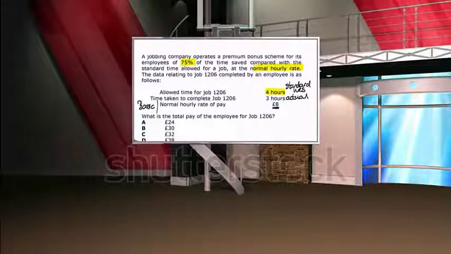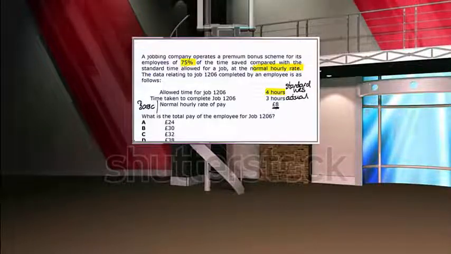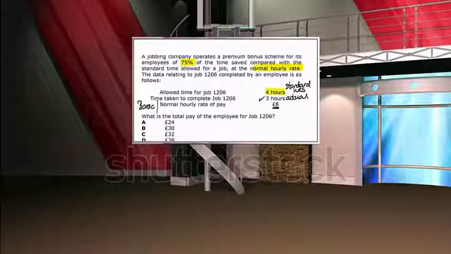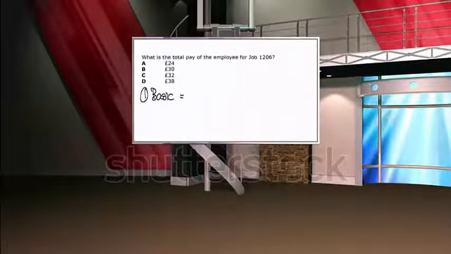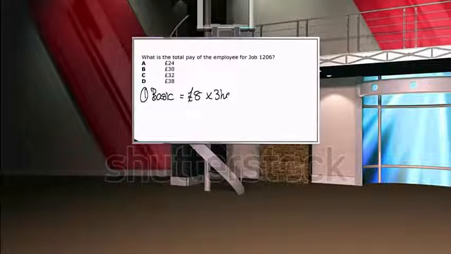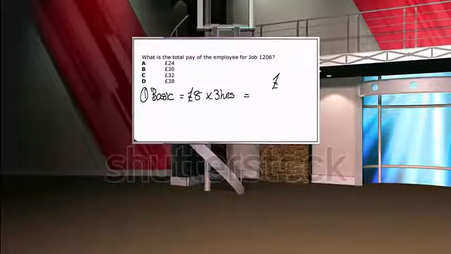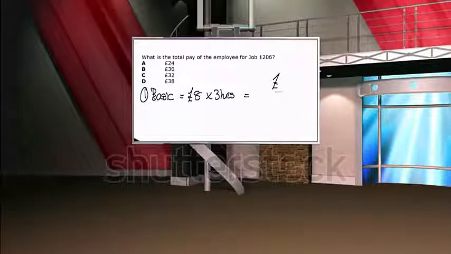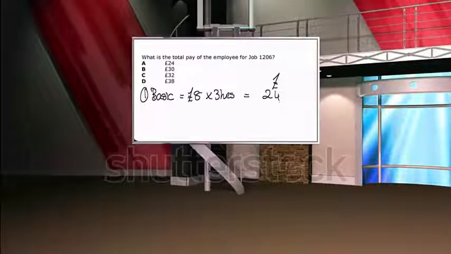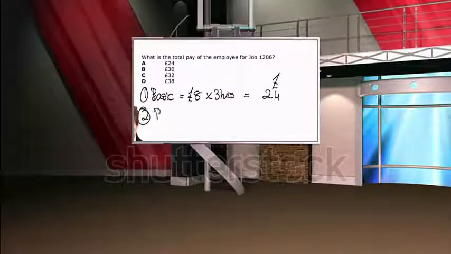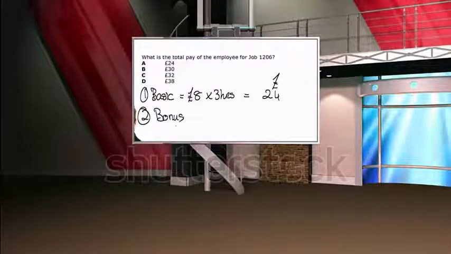How many hours have they spent working on this job? We're told they spent 3 hours. So they'll get paid their basic rate of £8 for each of the 3 hours. And that will give them £24. The second thing we need to add on then is their bonus.